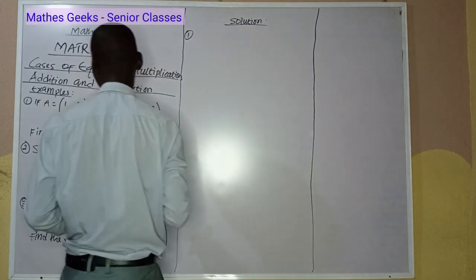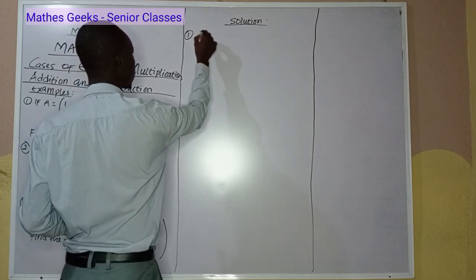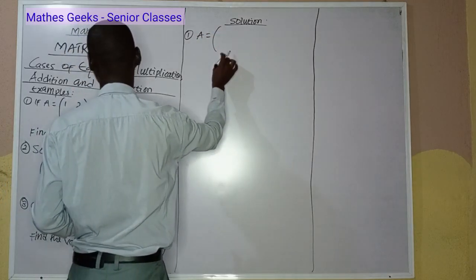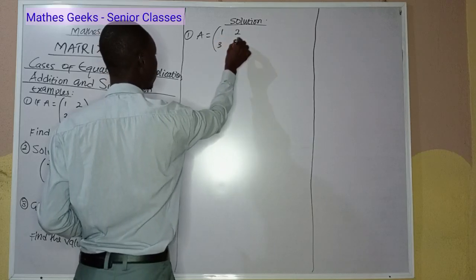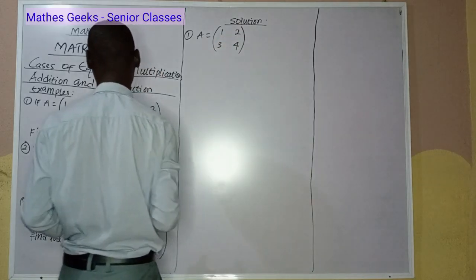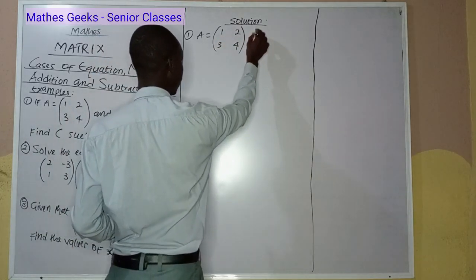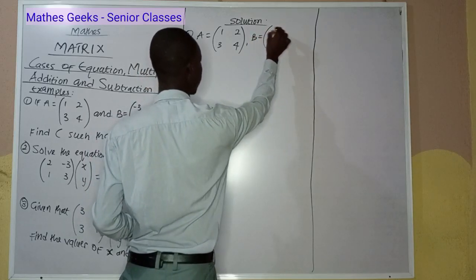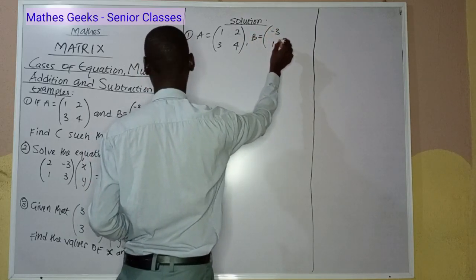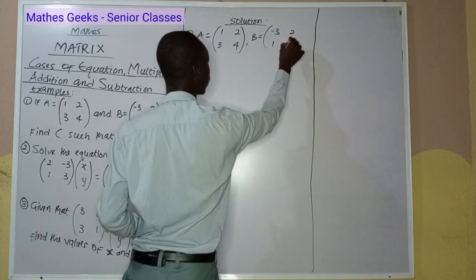Now, one says if A is 1, 2, 3, 4, and matrix B is minus 3, 1, 2, 4.